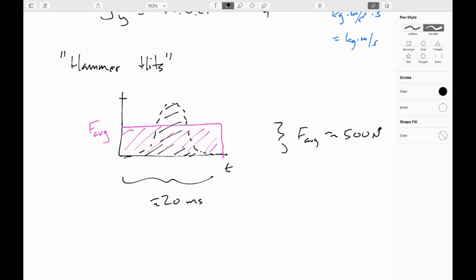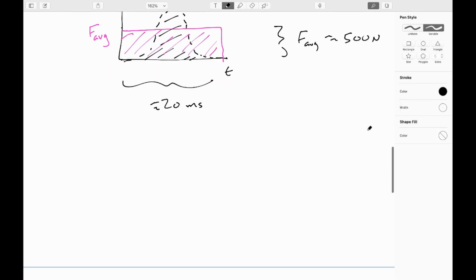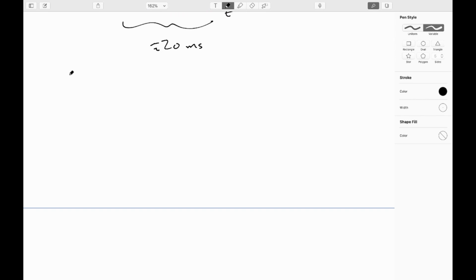Then when you're designing the hammer, you might say, okay, we will design it to withstand a 5,000 newton force, and hopefully that's adequately over-designed to take into account that my peak is bigger than the average. We'll do a more thorough example of that in a second, but to do that example, I want to introduce the Impulse-Momentum Theorem.